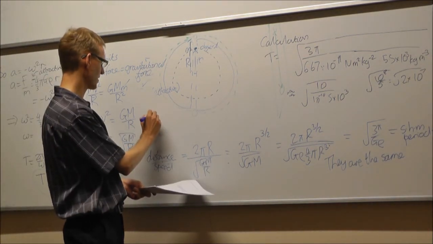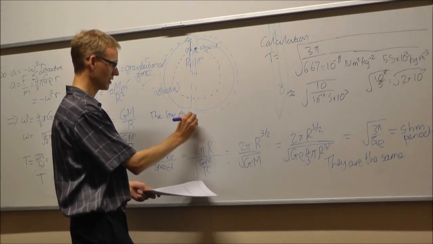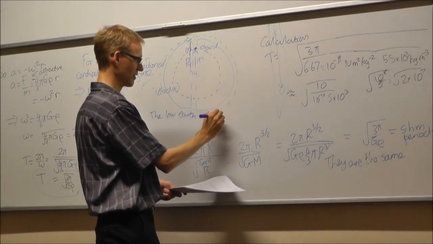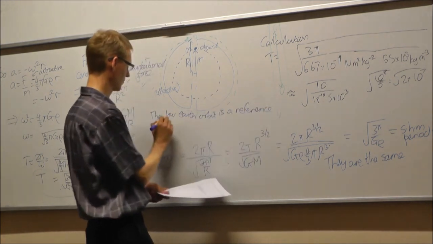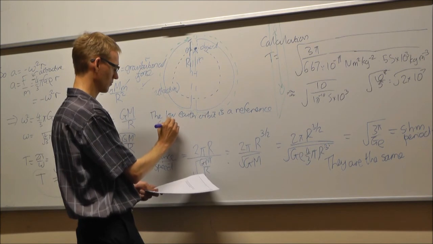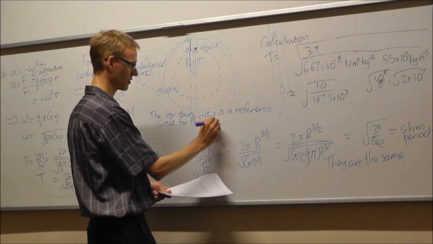So we could say the low Earth orbit is a reference circle for the simple harmonic motion.